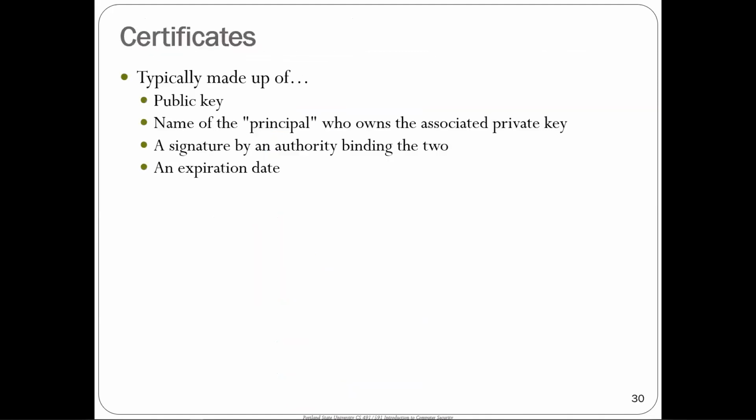Okay, so what is in these certificates? They're basically the public key, the name of the principal who owns the associated private key. So if it's a website, it'll be alice.com for Alice's certificate, bob.com for Bob's certificate, and then the signature of the certificate authority that binds the two.